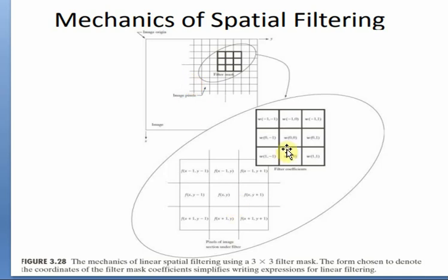This operation is related to a system: some input value is there, some system operation is there, and you get the output. So in the spatial domain, the input is convolved with the system. We know that.